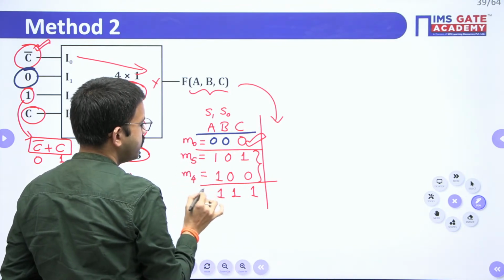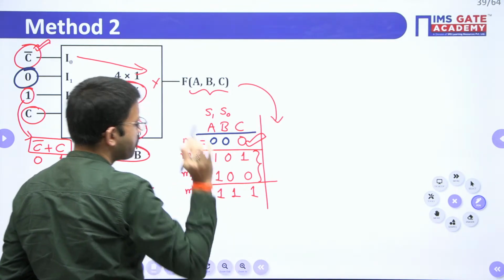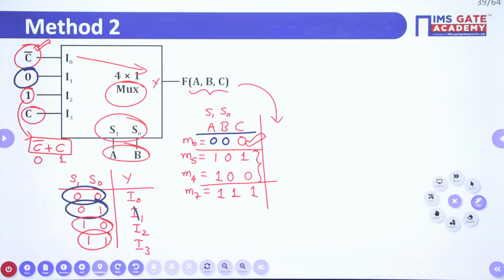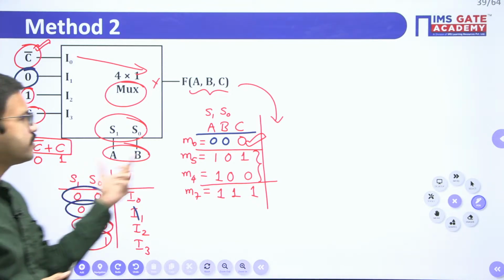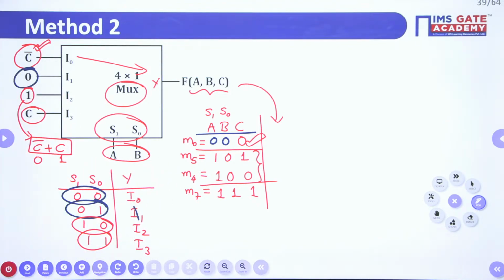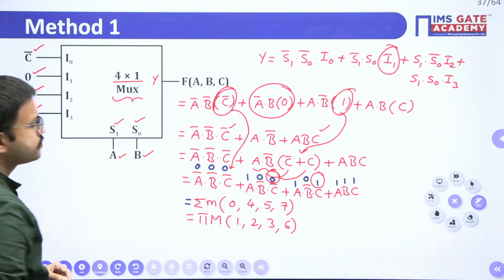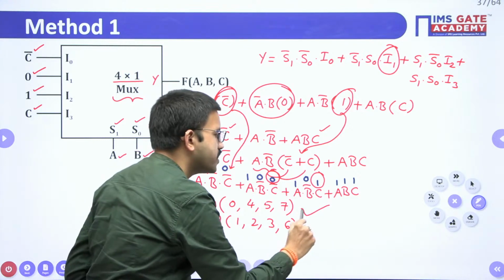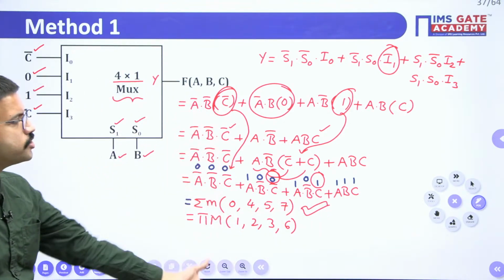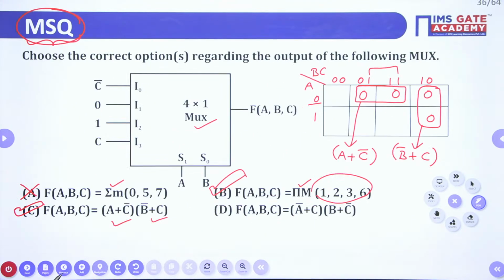Is it clear for everyone regarding the shortcut method, how to write the minterms directly from the given mux? If you are having any doubt, you can ask. 0, 4, 5, 7. We are getting the same thing. This is the conventional approach, and this is the shortcut method.